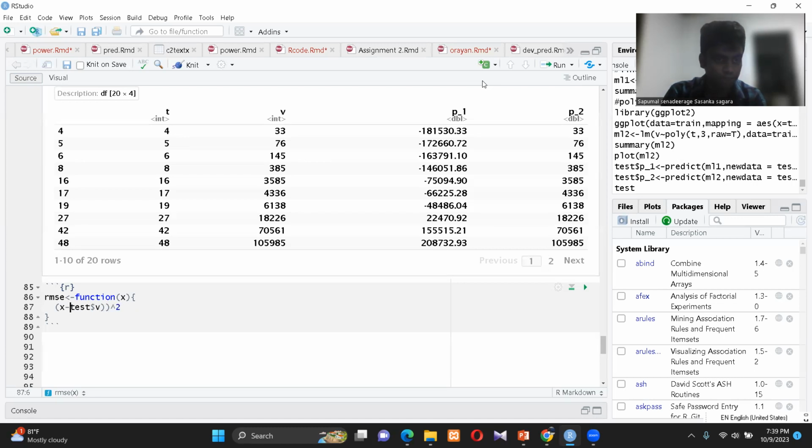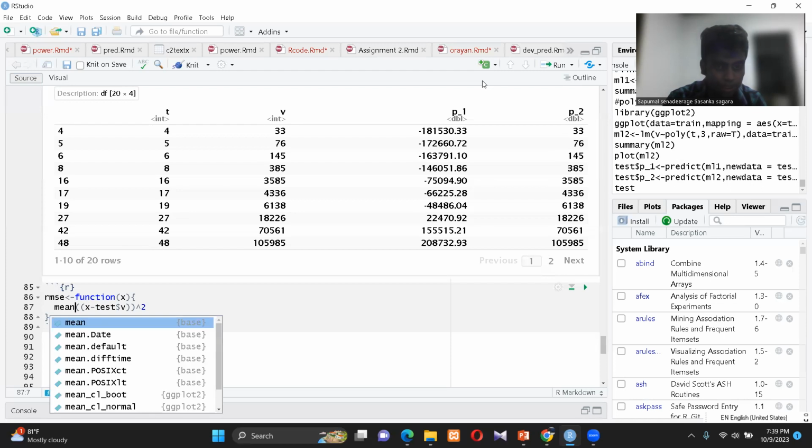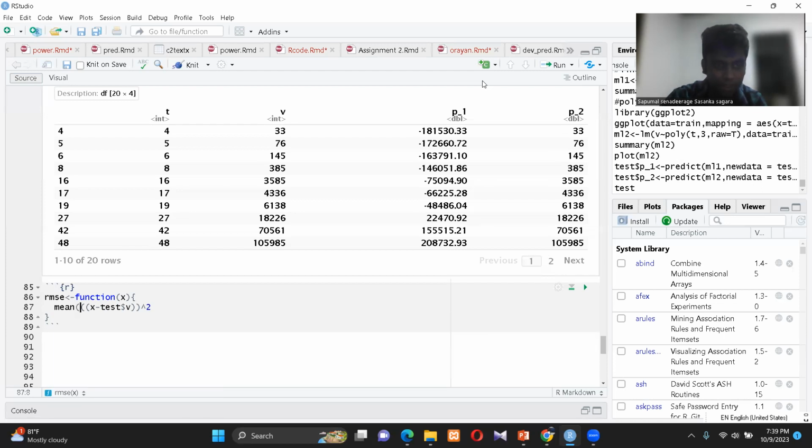Surely this should be the difference between these two residuals, and then squared, and we have to get the mean of that. Then the square root.